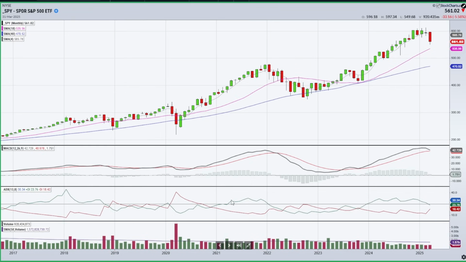Green represents the strength of the buyers. The red represents the strength of the sellers. Now, when those lines are coming together, the blue line is going to start turning down. And when they start to expand, that blue line is going to start turning up. And it doesn't matter who's on top. It's a non-directional indicator.